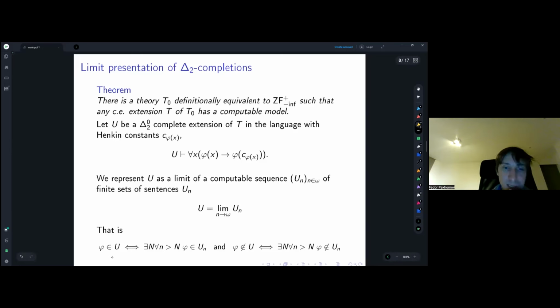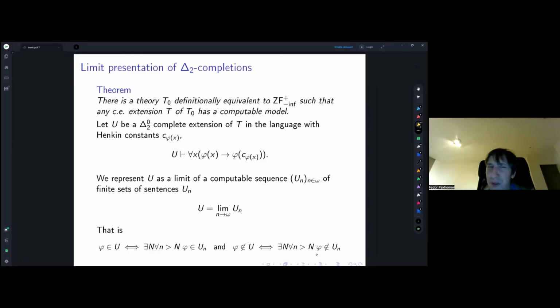This basically means that phi is a theorem of U if and only if for all large enough n, phi is an element of U_n, and phi is not a theorem of U if and only if for all large enough n, phi is not an element of U_n.